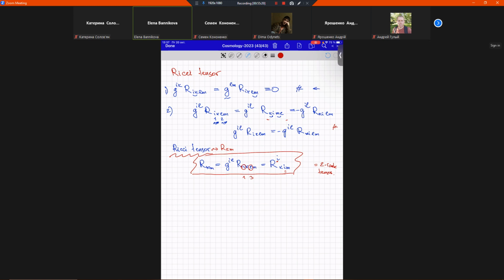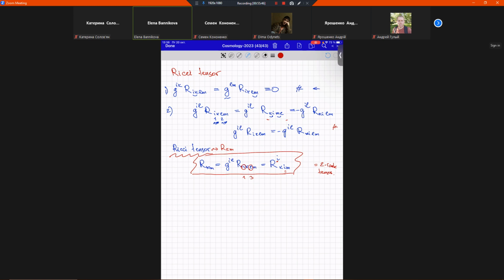He understood that he has a Riemann tensor which can describe the curvature of space, but the curvature tensor is not useful for the equation of gravity.